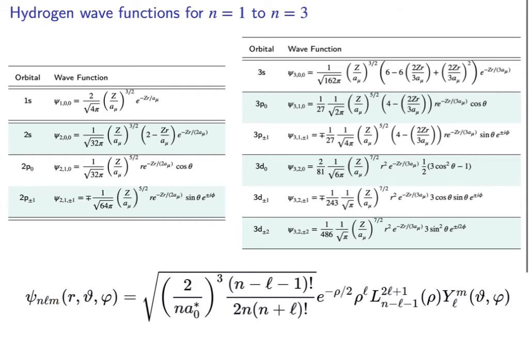There are some constants in here, like the reduced Bohr constant. You'll also notice rho, which is kind of like a beat-up version of r. It's a function of r. It depends on n and the reduced Bohr constant, but it's basically r.